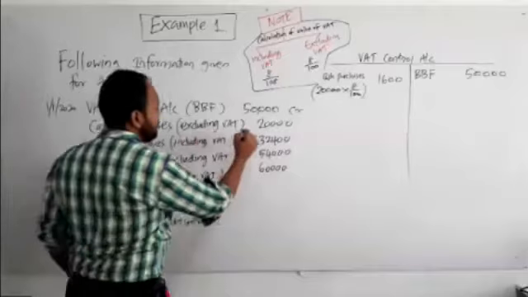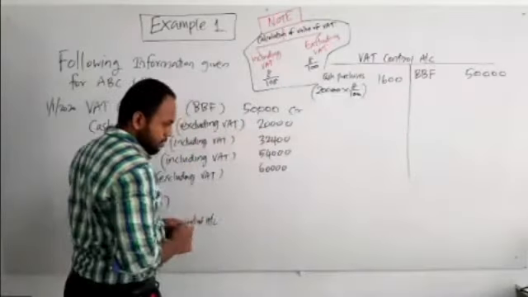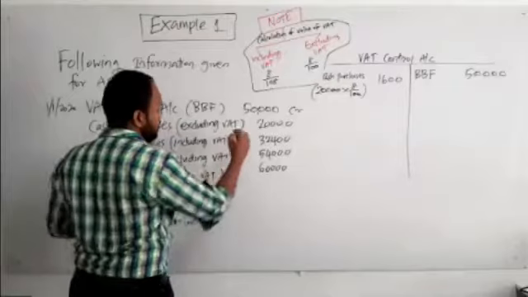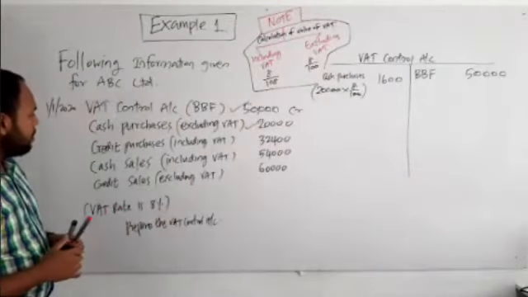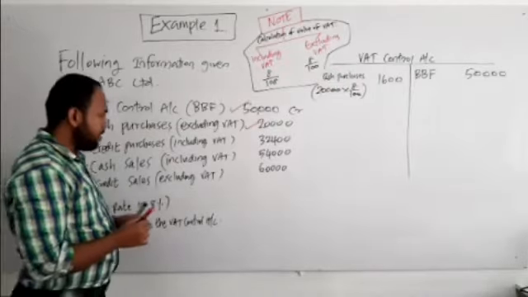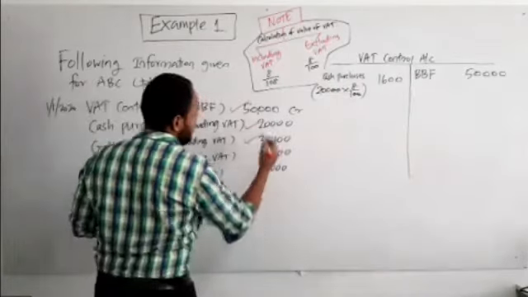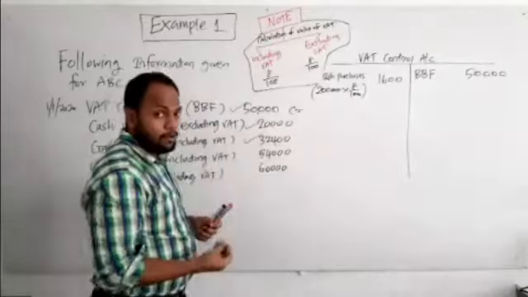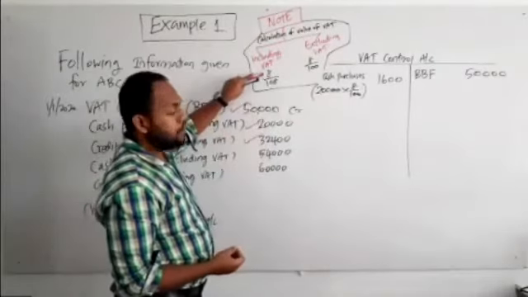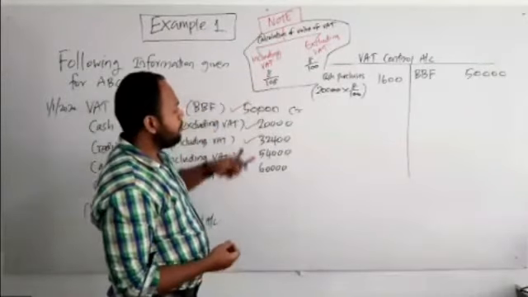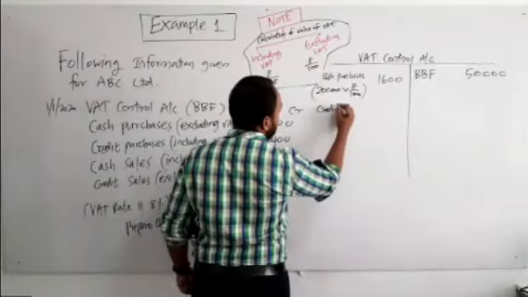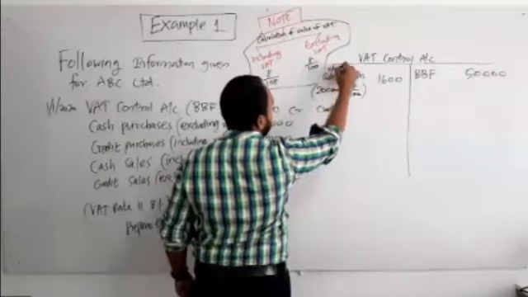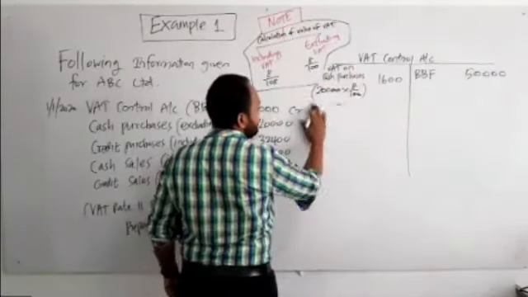Right, then the third one, credit purchases including VAT. If it includes VAT, we have to divide by 108, multiply by 8. This is VAT on cash purchases.